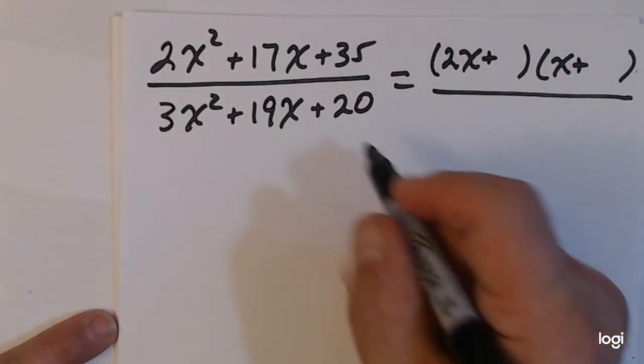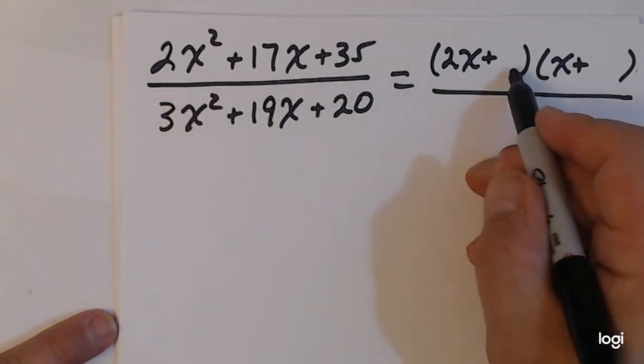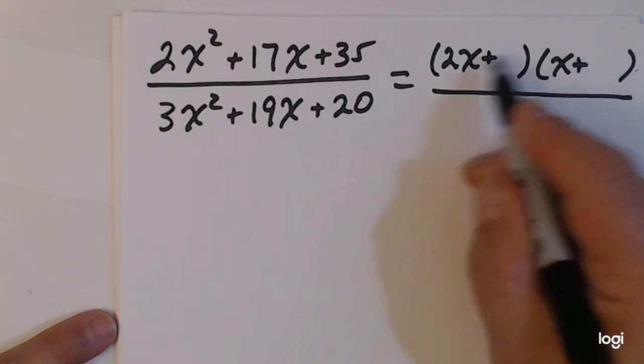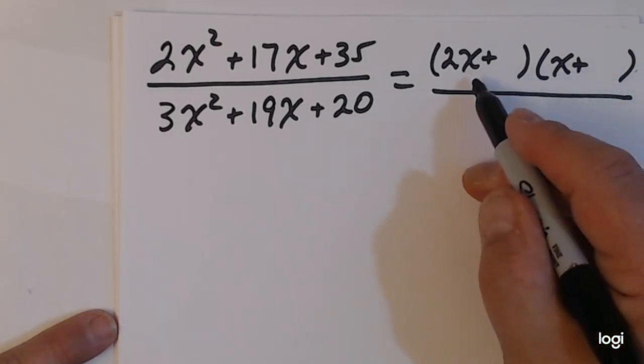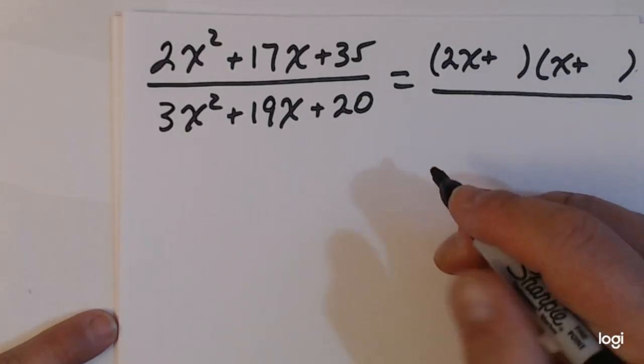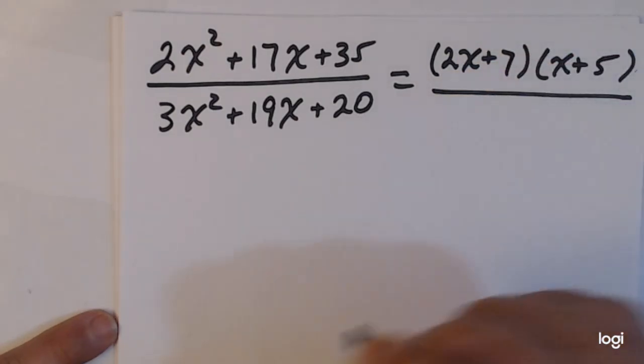And you know what? 7 times 2 is 14. 5 times 2 is 10, and 7 times 1 is 7. So 5 times 2, 10 plus 7 is 17. So this is going to be plus 5 and plus 7 over here.